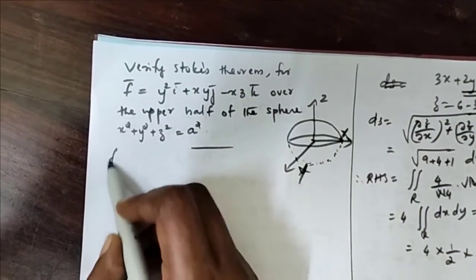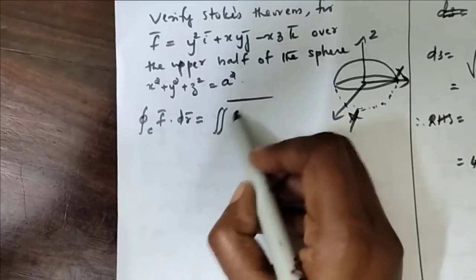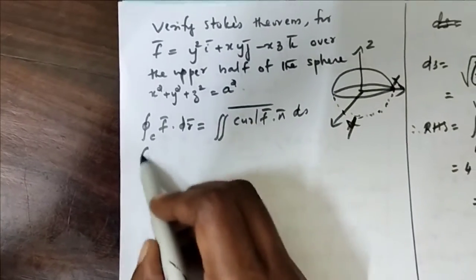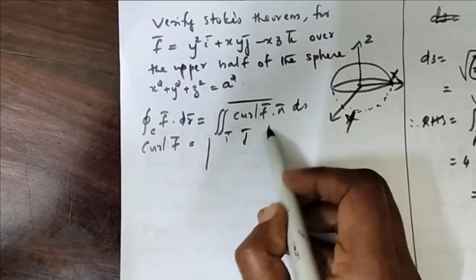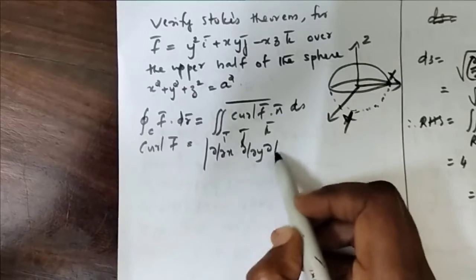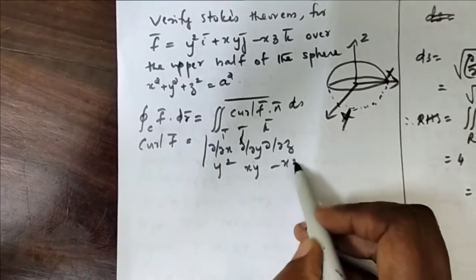So by Stokes theorem, integral over C F dot dr is double integral curl F dot n dS. So what is curl F? Determinant of i, j, k; dou by dou x, dou by dou y, dou by dou z; y square, xy, minus xz.